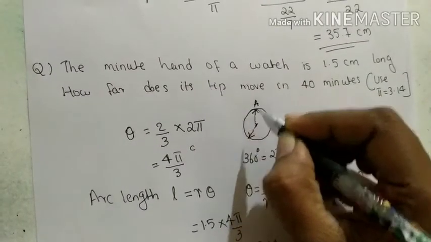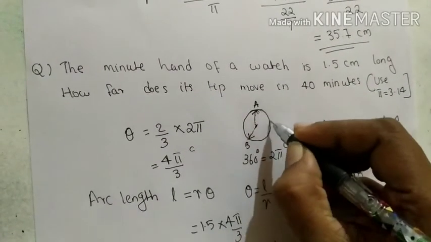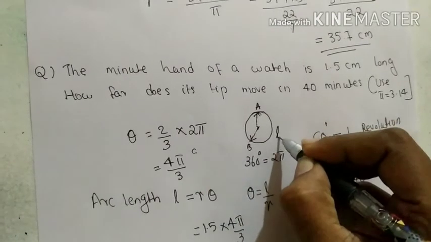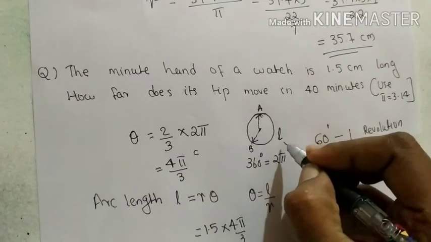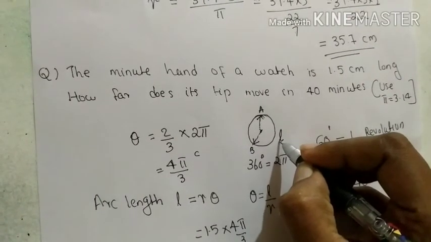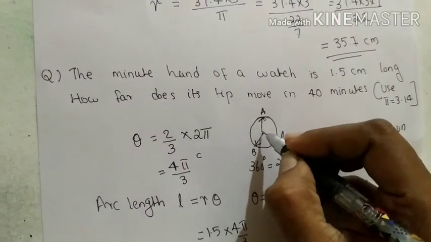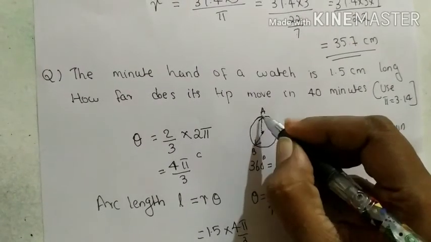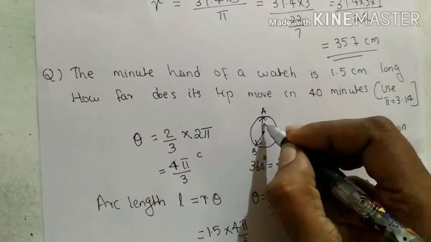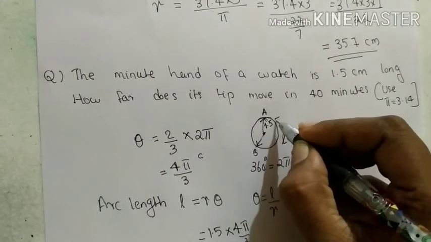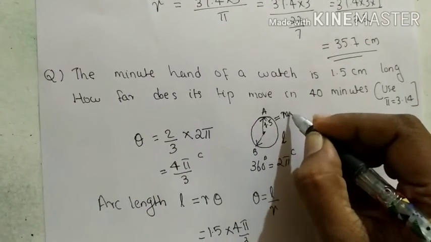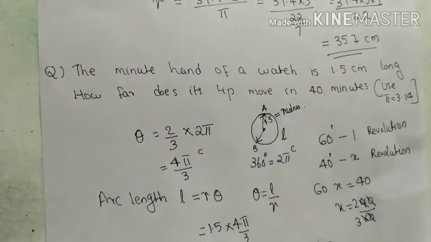So A to B is the arc length. Distance traveled by the minute hand is denoted by our arc length, and the minute hand length is given that 1.5, and which is equivalent to our radius.